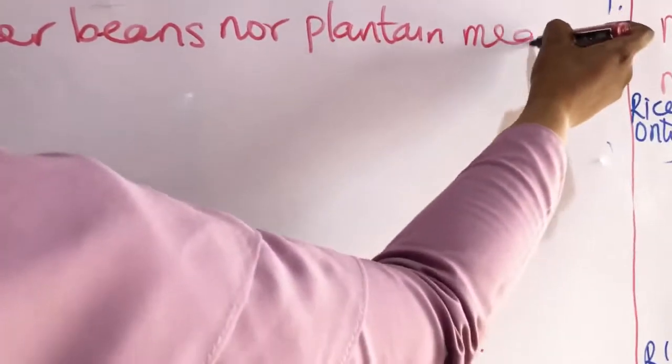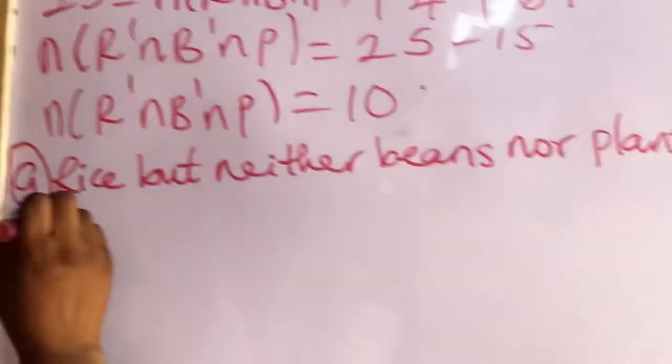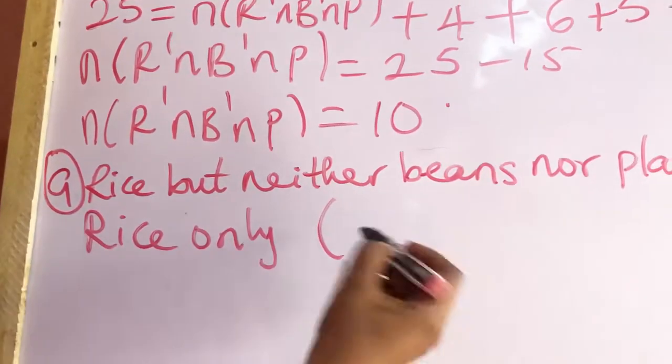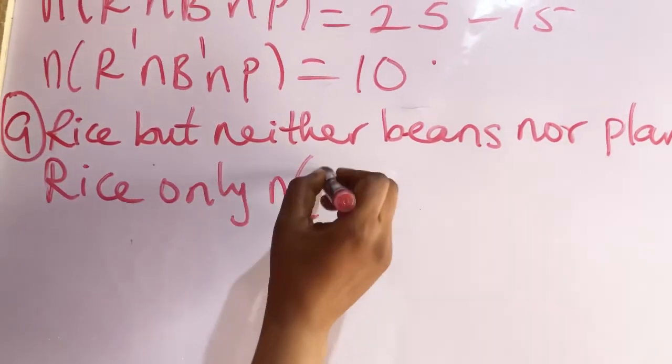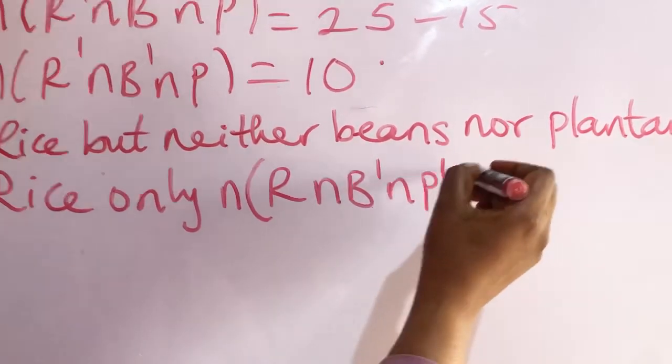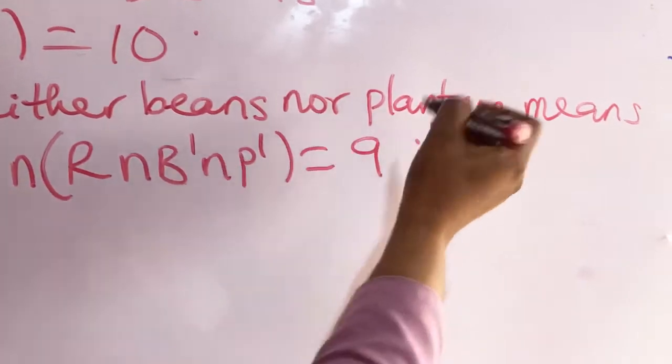Those that like rice only. And mathematically we say that the cardinality of R intersect B prime intersect P prime is equal to 9.